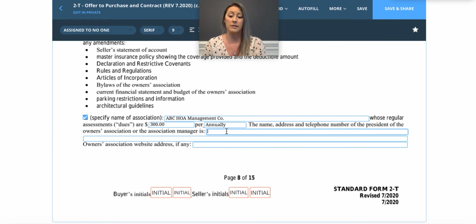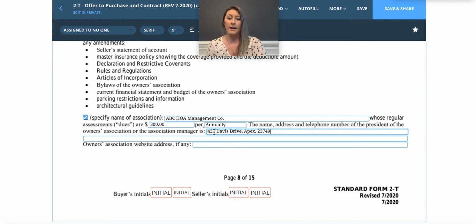I'll put the address. So they are located at Davis Drive, in Apex, and I have no idea what the zip code is, sorry guys.